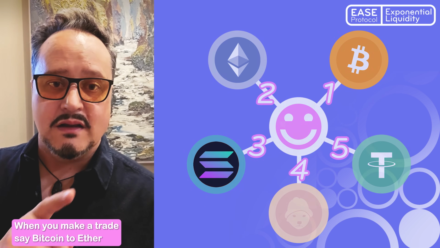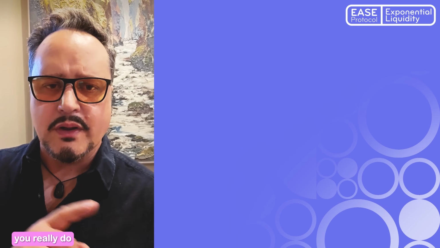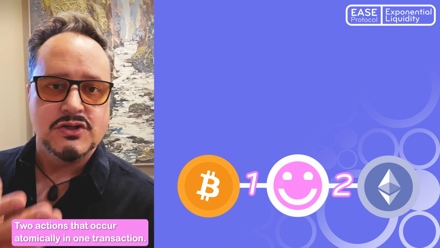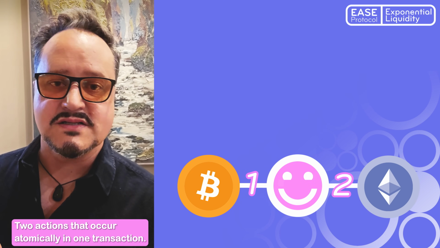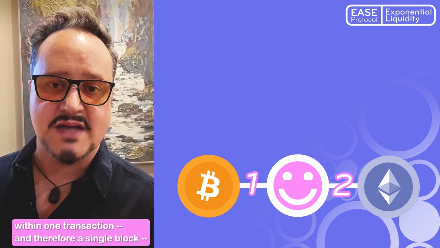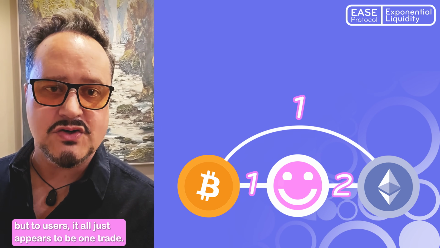When you make a trade, say Bitcoin to Ether, you really do 2 trades, Bitcoin to the AIT and the AIT to Ether. But these are atomic trades, 2 actions that occur atomically in one transaction, atomic meaning impossible to separate. To the system, they're 2 separate trades within one transaction and therefore a single block. But to users, it all just appears to be one trade.